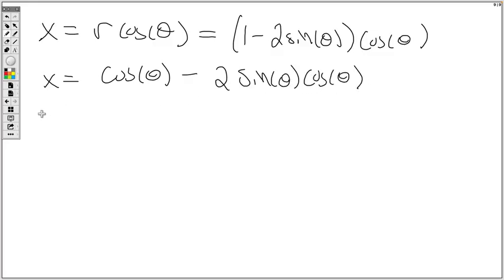And now we need to get dx d theta. Derivative of cosine: minus sine. And then what rule am I going to have to use here?